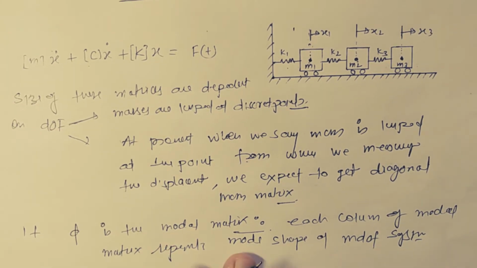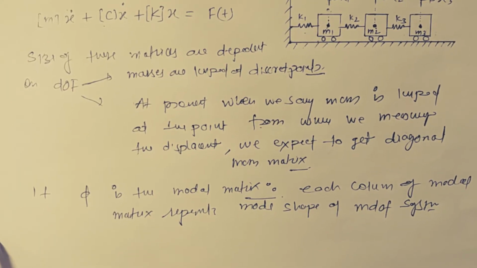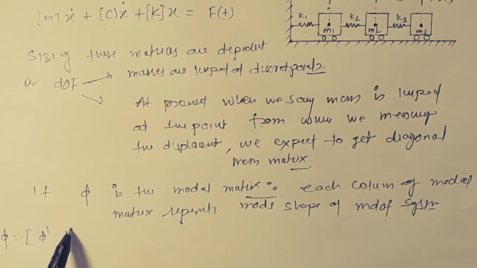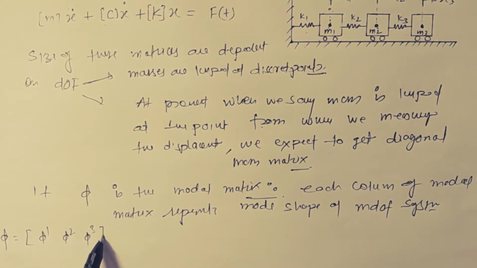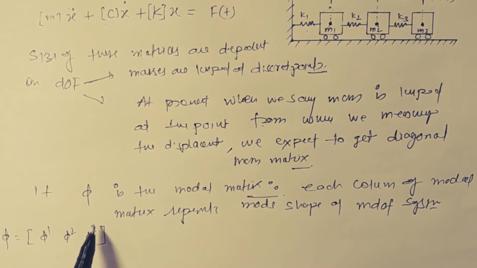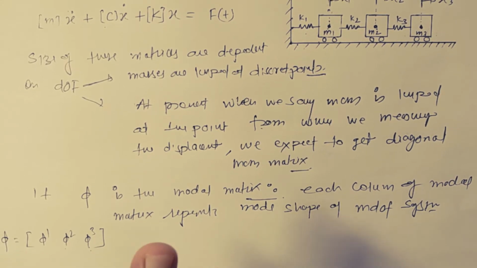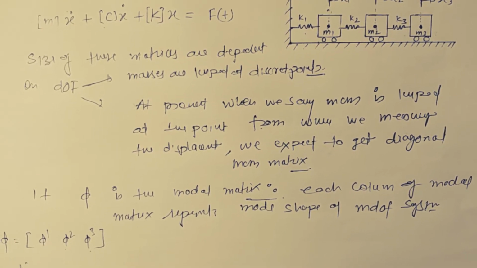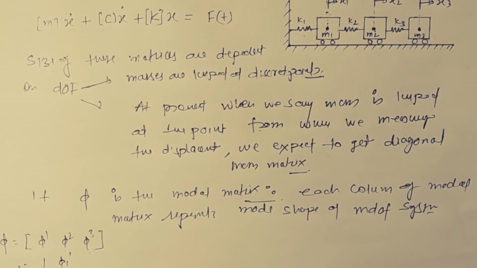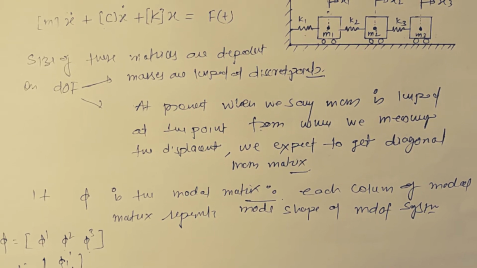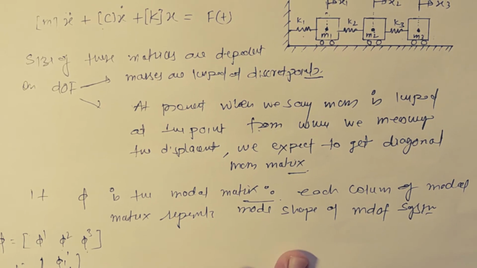From the last class we discussed that phi is phi 1, phi 2 and phi 3. Here phi 1 is the first mode, phi 2 is the second mode, and phi 3 is the third mode. For a 3 degree of freedom system, phi 1 is phi 11, phi 21 and phi 31. Similarly, if we put in all the modes, this will be a 3 by 3 modal matrix.